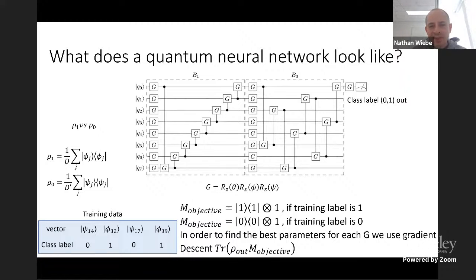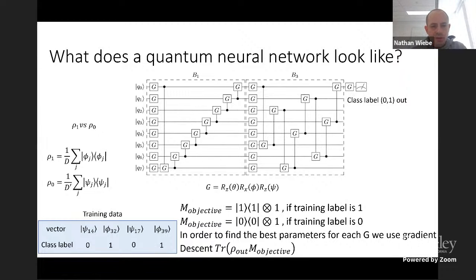The basic idea behind it is that, similar to an ordinary neural network, we take all of our data, we encode it in quantum states, and then we have a series of controlled operations. These G's, in this case, represent arbitrary single qubit rotations. If you use an Euler angle decomposition, every one of the G's that you see would be given by 3 parameters.